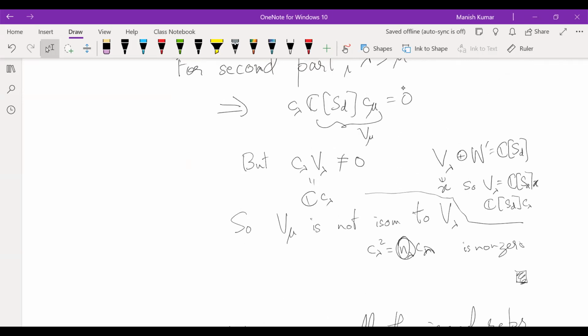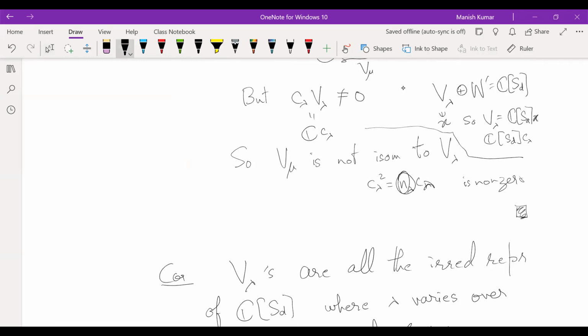C lambda induces an endomorphism of V lambda and V mu.